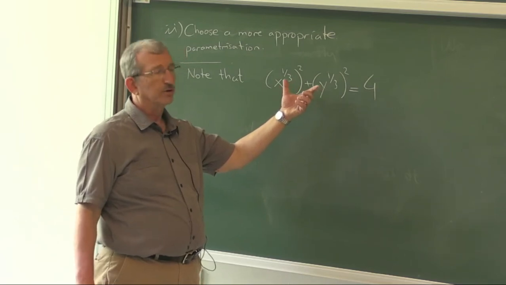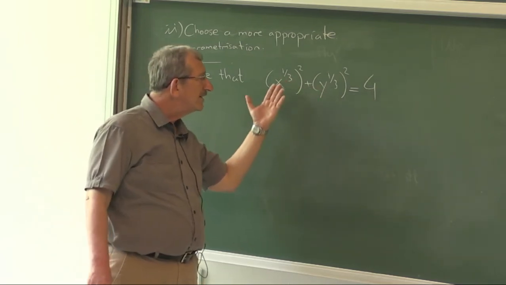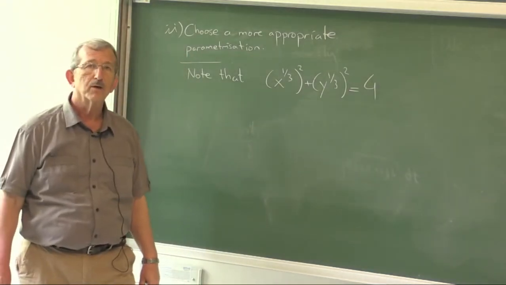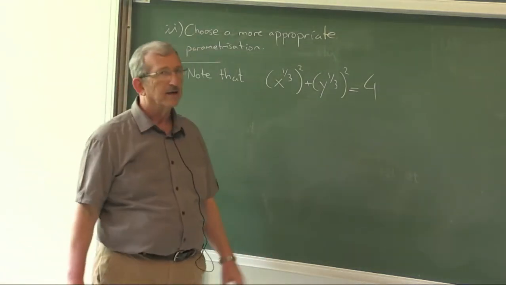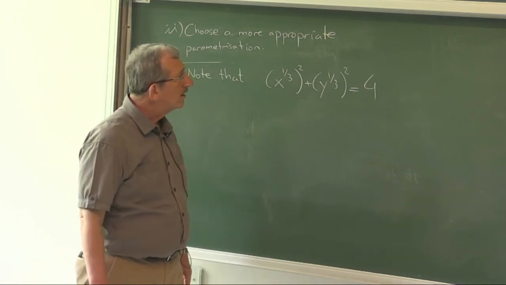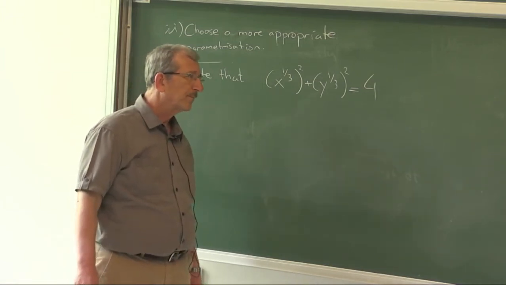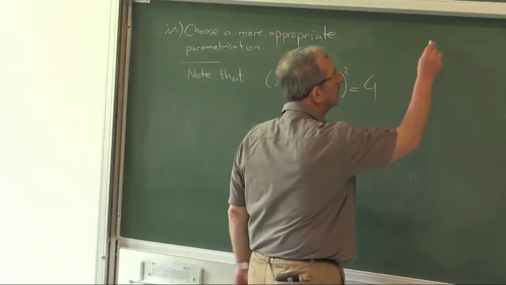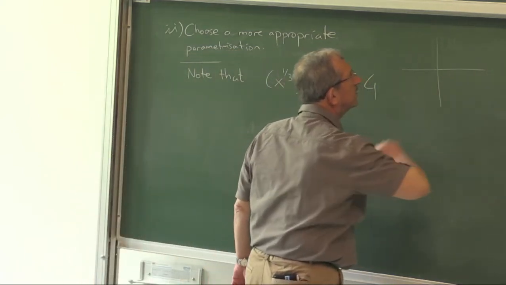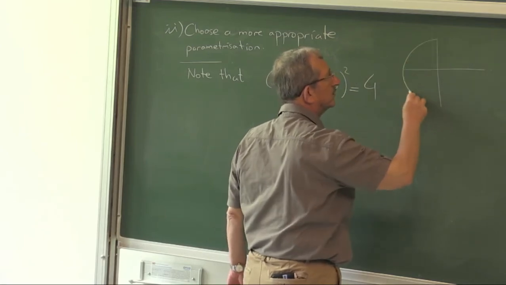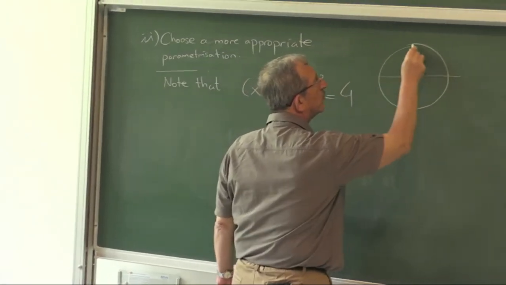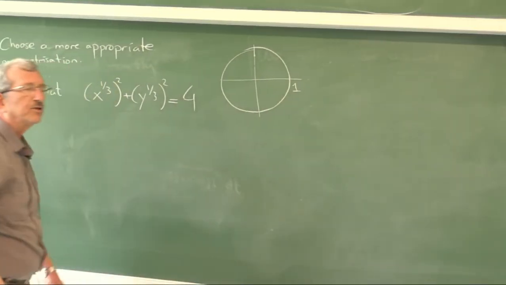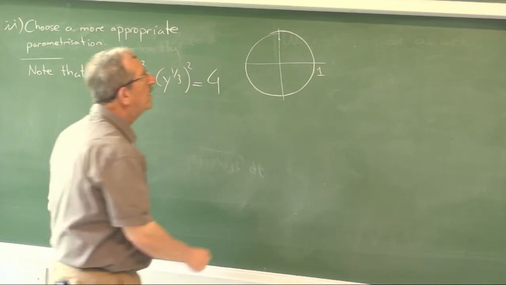It's not a circle, of course, but it's the sum of squares of x's and y's, which is almost like a circle. Well, if you want to generalize such a process, you can consider these arguments. A circle, say of radius 1. Here the radius is 2, but it's more or less similar.